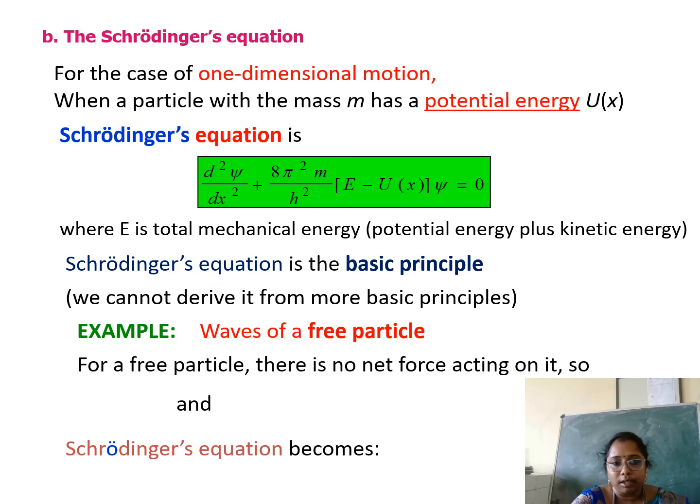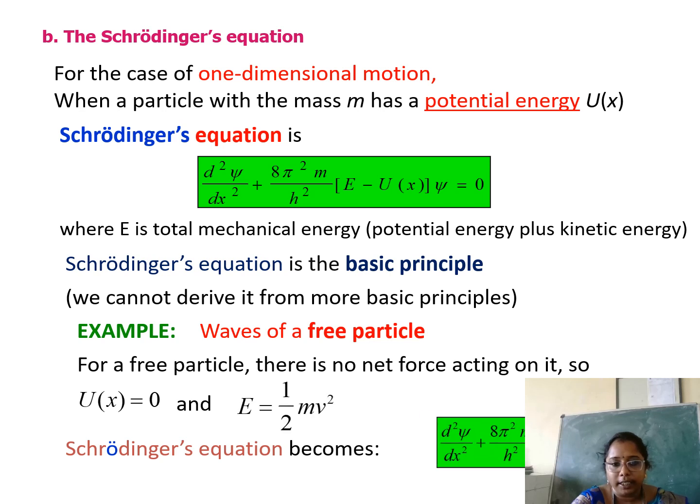Here, m is mass, h is Planck's constant, E is the total energy, which includes potential energy as well as kinetic energy, and U is the potential energy. The basic principle for waves of a free particle is that if U of x is equal to 0, meaning there is no net force acting on it, then the potential energy becomes 0.